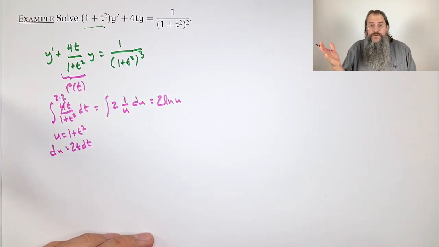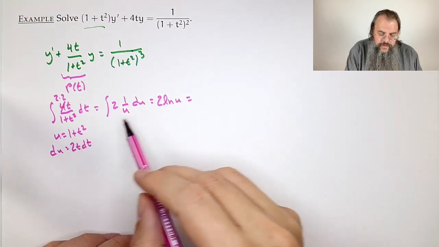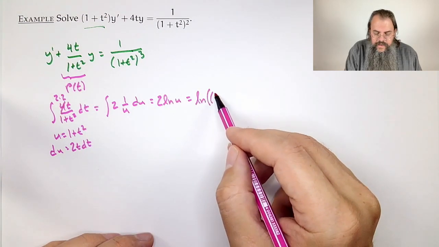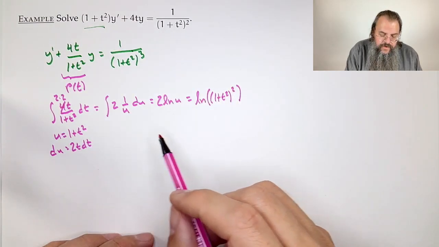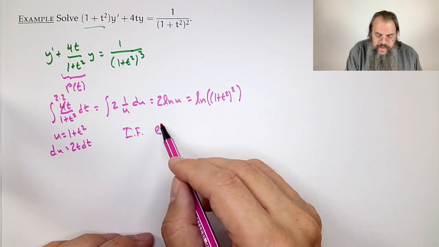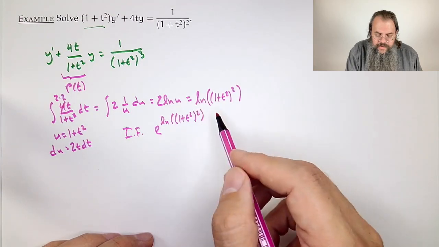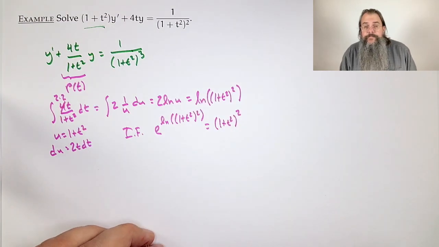Again, the plus c, we choose c to be 0. Well, u is 1 plus t squared, and the 2 can go inside the log. So this is log of 1 plus t squared squared. So, aha, our integrating factor is e to that. And we say, all right, well, great, we can do that. That's just 1 plus t squared squared.